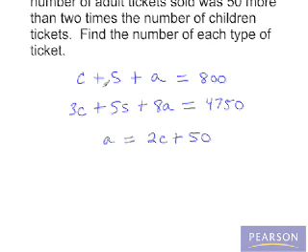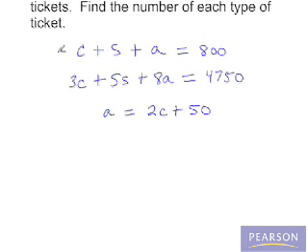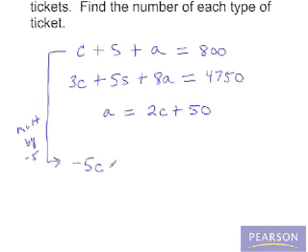We're going to begin with our first 2 equations. We're going to multiply the top equation by -5 and then add that to the second equation. Using the elimination method, we multiply all 4 terms by -5, giving us -5C minus 5S minus 5A equals -4,000.